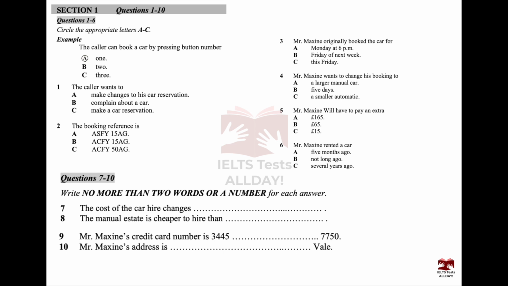Section 1. You are going to listen to a conversation between 2 people, a customer and a representative of a company which rents cars. There are 3 alternative answers, A, B, and C, for each question. Decide which alternative is the most suitable answer and circle the appropriate letter. First, you have some time to look at questions 1 to 6.